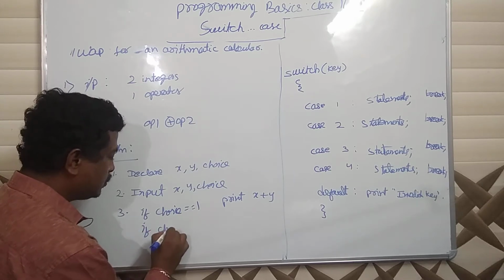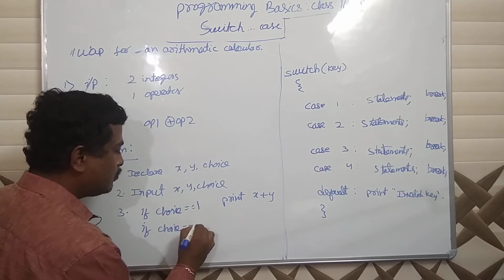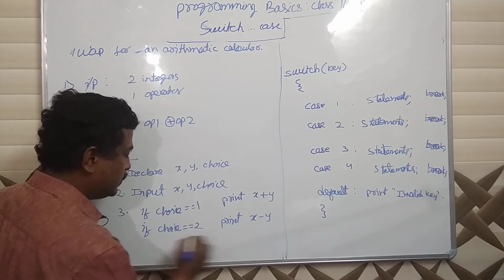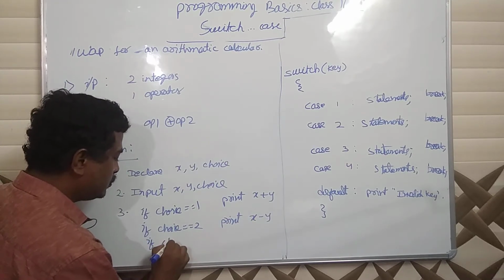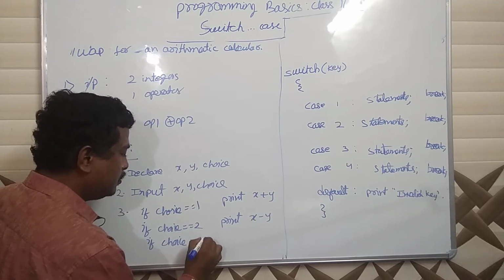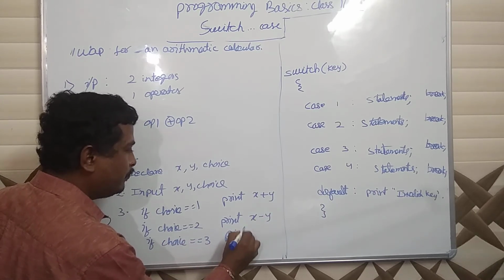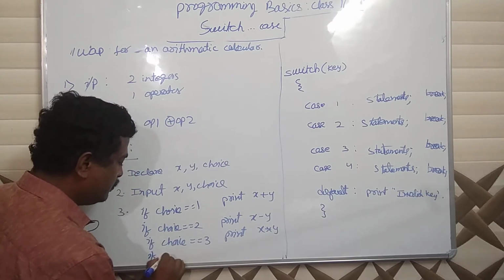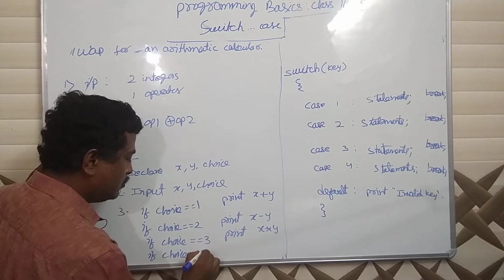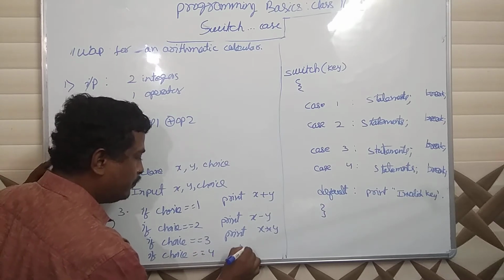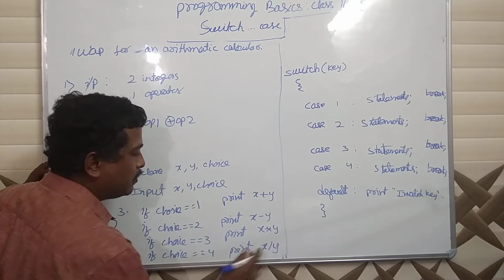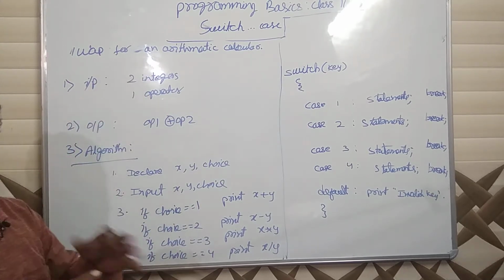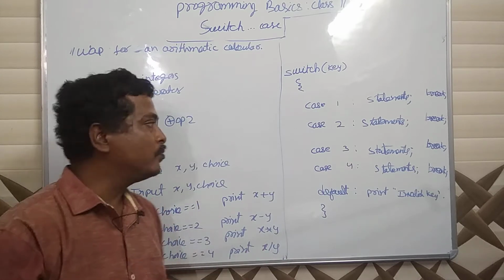If choice equal to 2, print x minus y. If choice 3, print x multiplied by y. If choice 4, print x divided by y. You can add any number of choices, from arithmetic to logical. You can do all the operations, no problem.